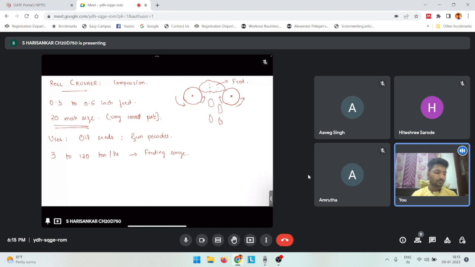Now there is something we should know about this roll crusher, and that is something called the angle of nip.